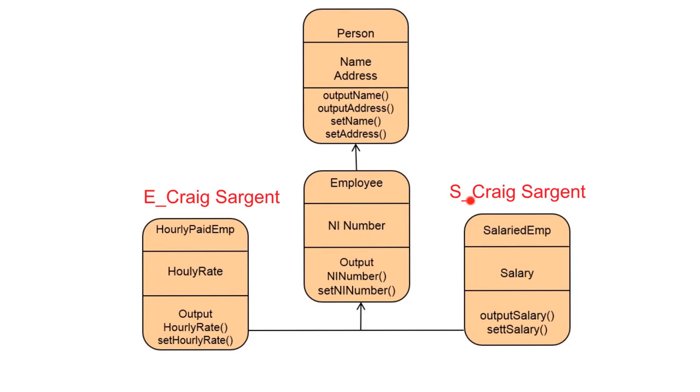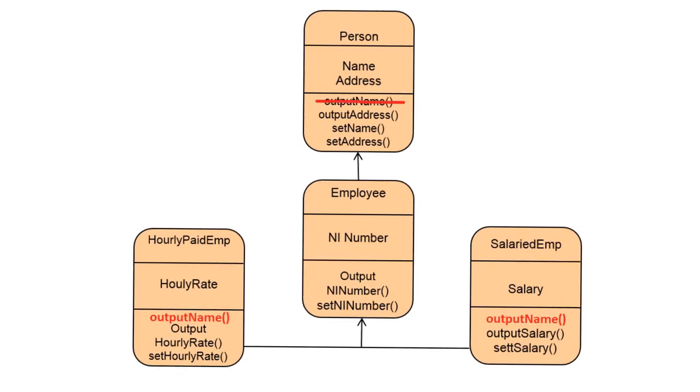So S_Craig Sargent would indicate an employee on a salary, whereas E_Craig Sargent would indicate an hourly paid employee. We therefore now need the output name method to be different or more specific than the one we inherited from the original person class. We do this by using a method of the same name in the subclasses.